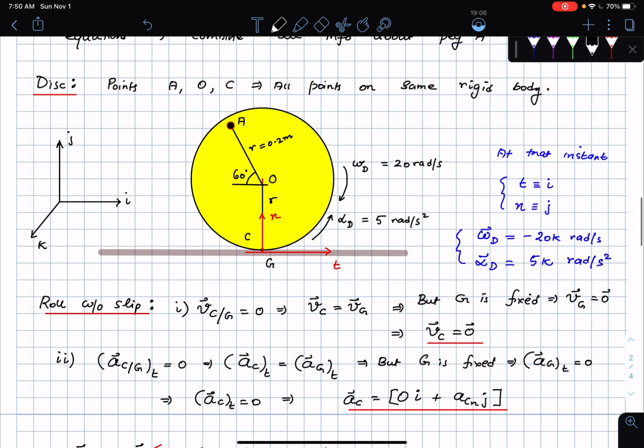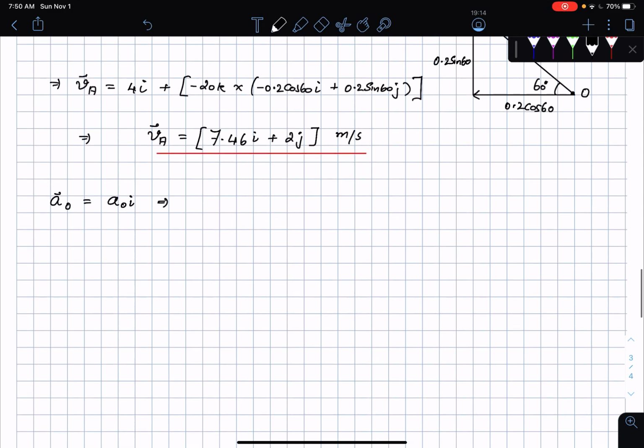If I go back here, the acceleration of O cannot be in the J direction, because then the disk will lift off of the ground, which is violating the problem conditions. We do not want the disk to lift off the ground, which is why its J component is 0.